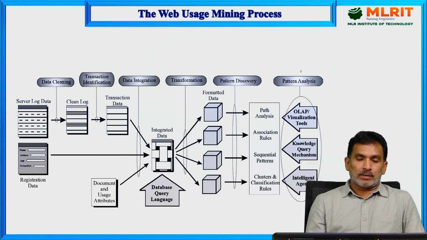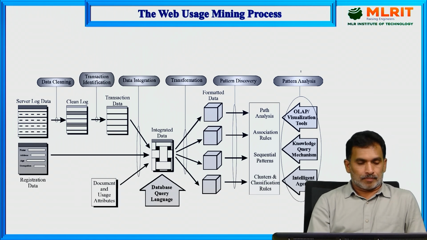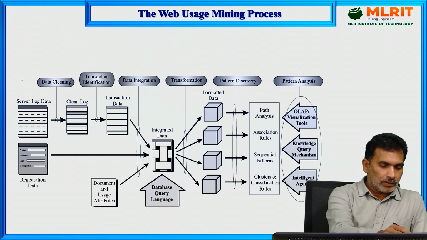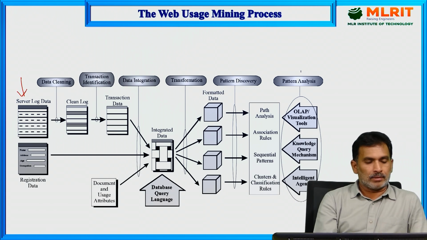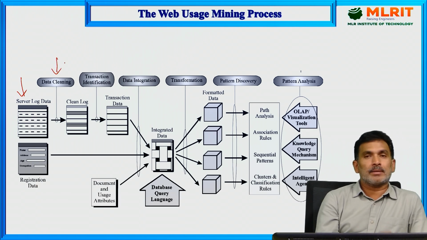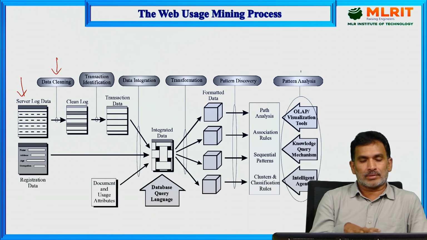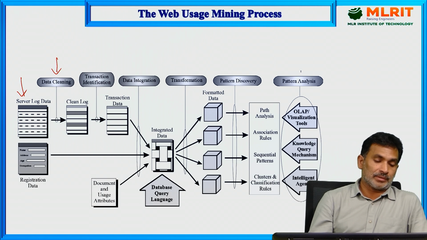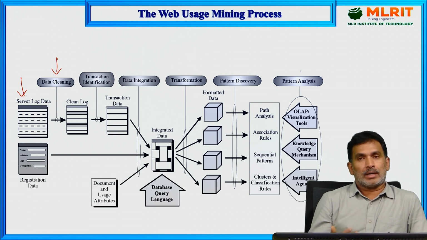If you look at the web usage mining process, we will have the server log data and also the registration data, etc. As we discussed, the first step in web mining is data collection, and the second step is the data cleaning process, to remove the unwanted stuff.